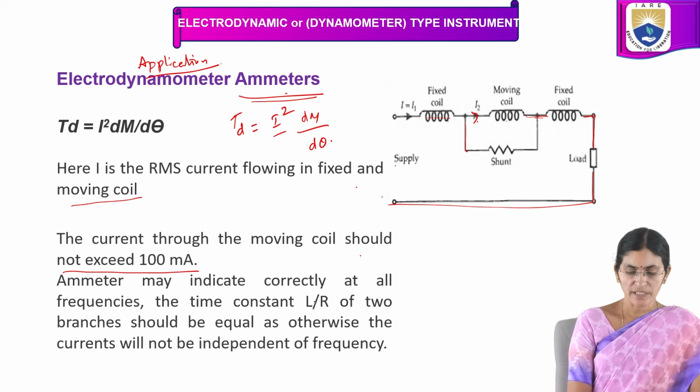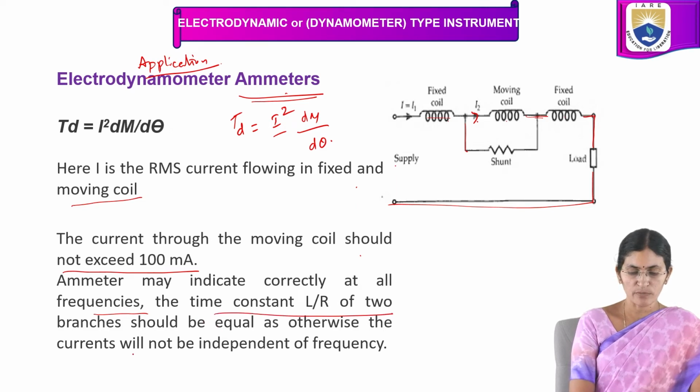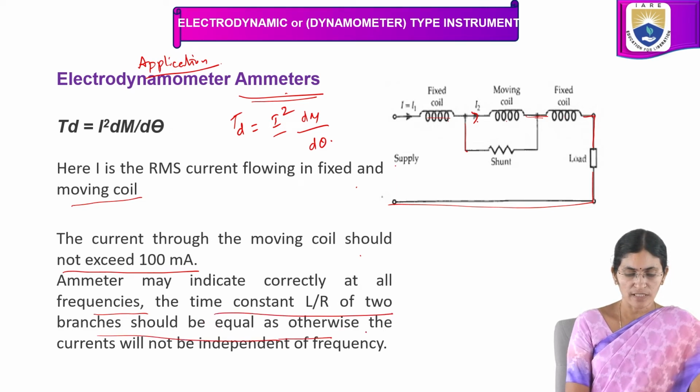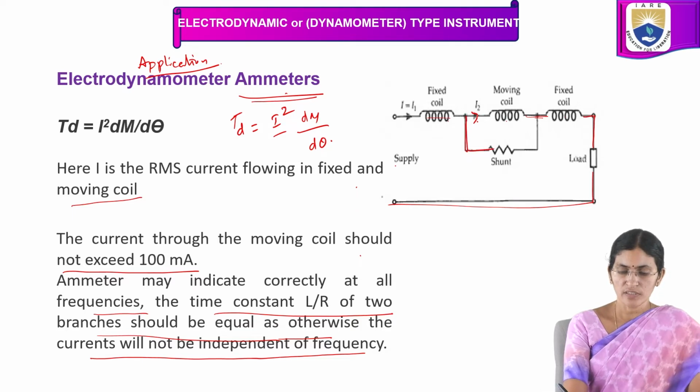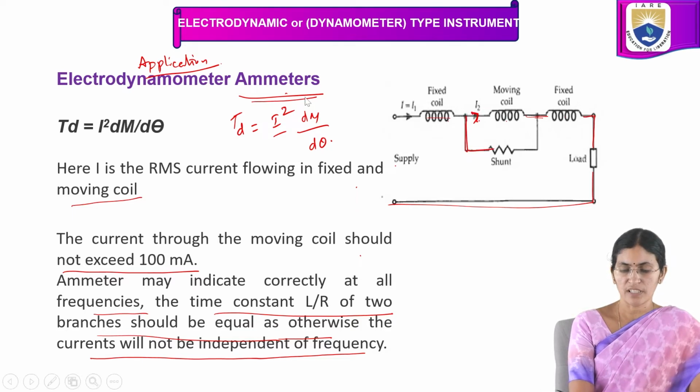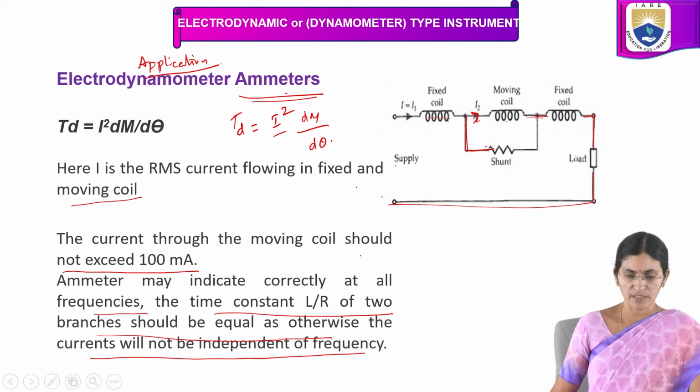The ammeter may indicate correctly at all frequencies if the time constant L by R of the two branches is equal, as otherwise the current will not be independent of frequency. So this is an important consideration. This shunt is used so that this ammeter can be used to measure larger magnitude of current.